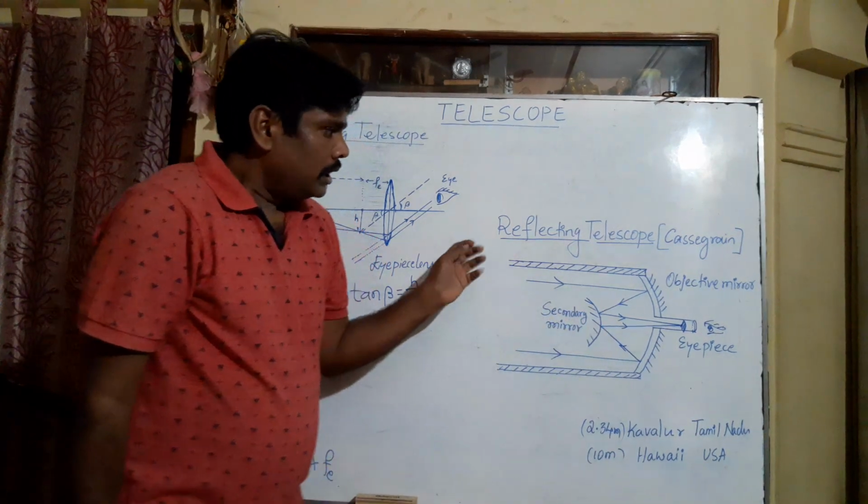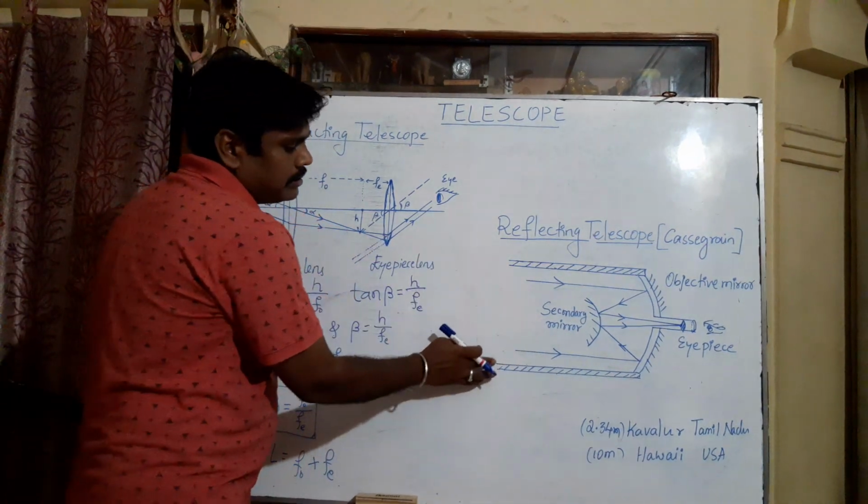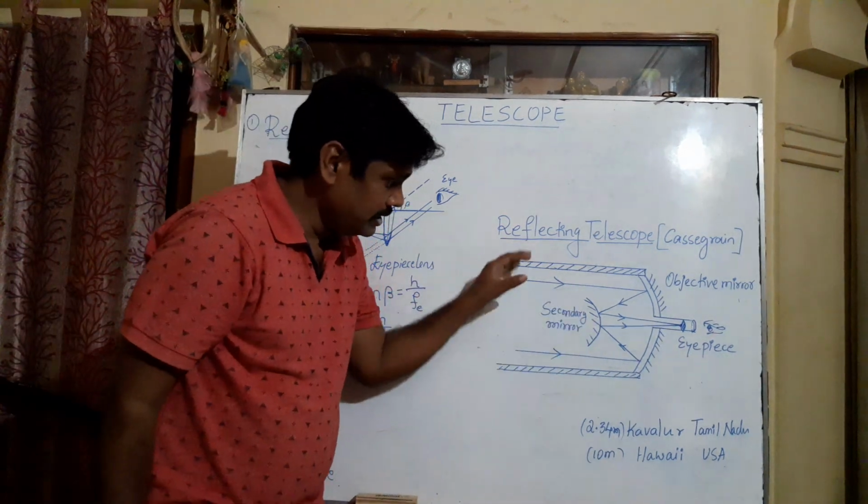But there are a few limitations here also. The first disadvantage of the reflecting telescope is that the light should be converged inside the telescope.